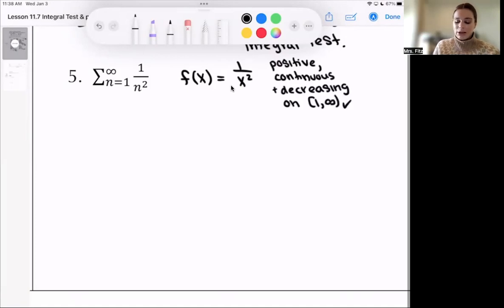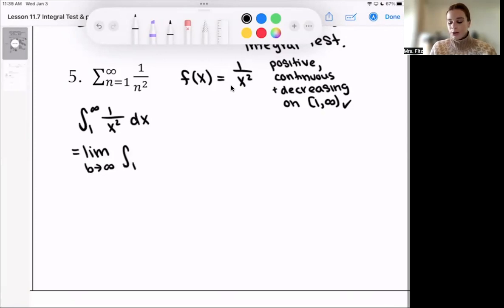Check, right? So now we're going to set up our improper integral from 1 to infinity of 1 over x squared dx. We're going to rewrite that as a limit, the limit as b approaches infinity of the integral from 1 to b. I'm going to rewrite this as x to the -2nd dx.